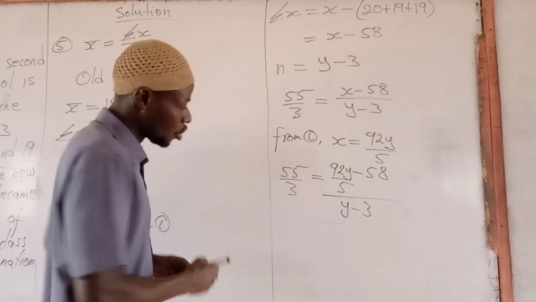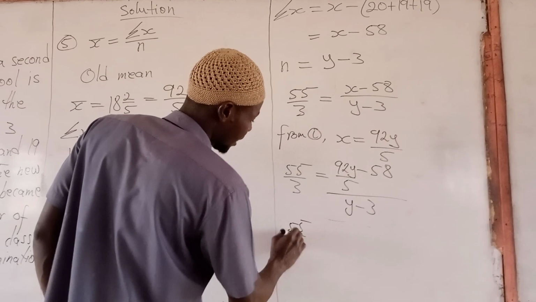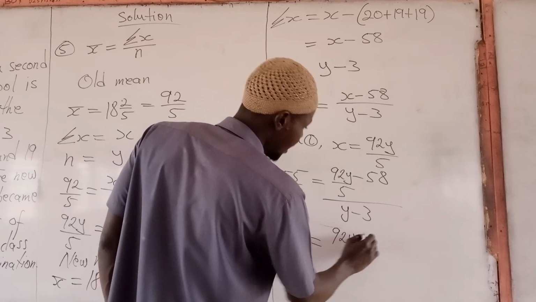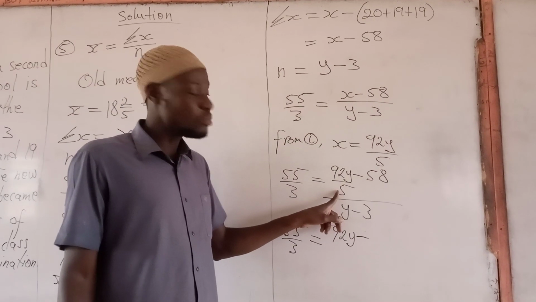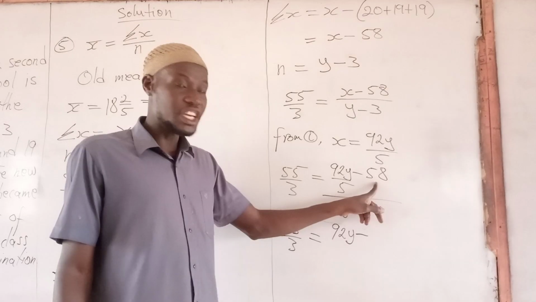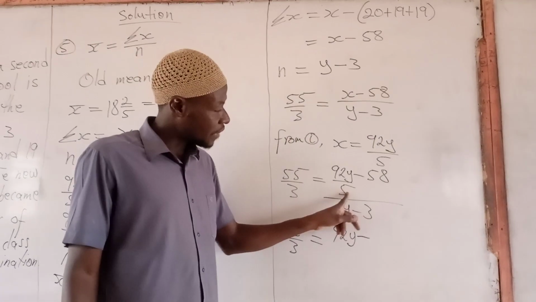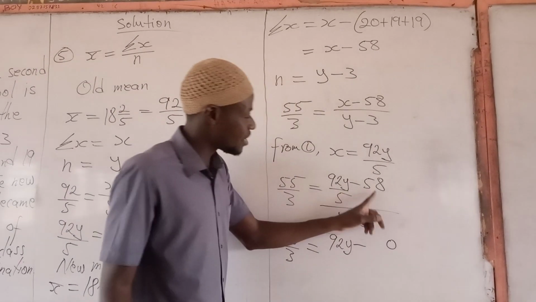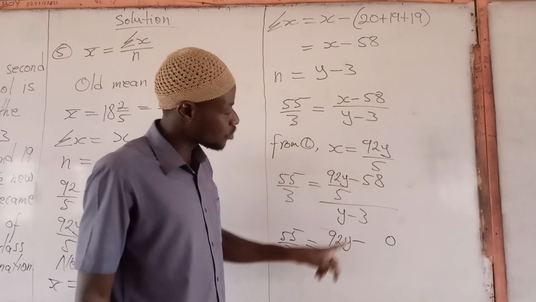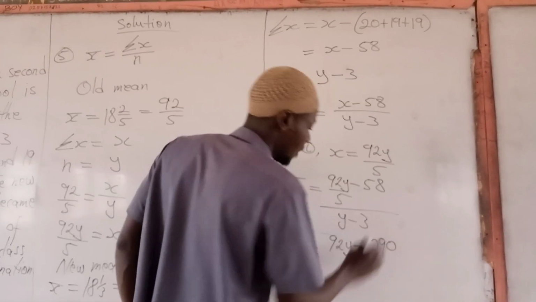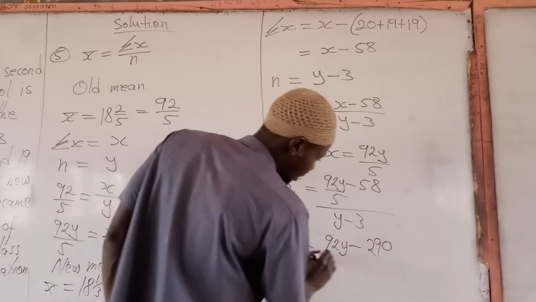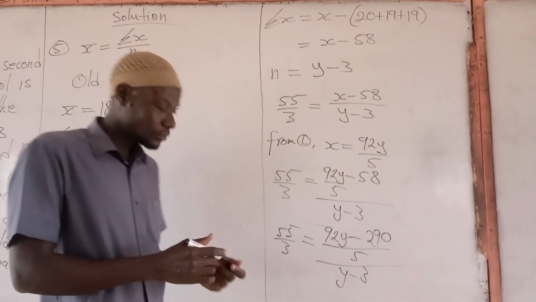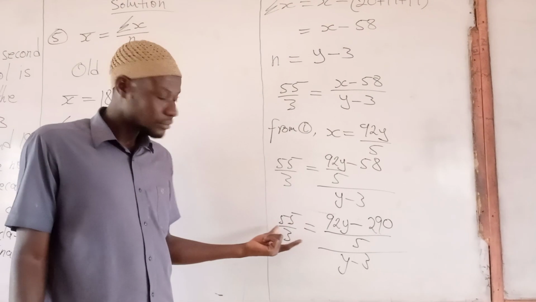Here we have 55 divided by 3 being equal to 92y minus, then you multiply the denominator of the fraction by 58. 5 times 58 gives us 290. So we're going to have 290 divided by 5, all divided by y minus 3.